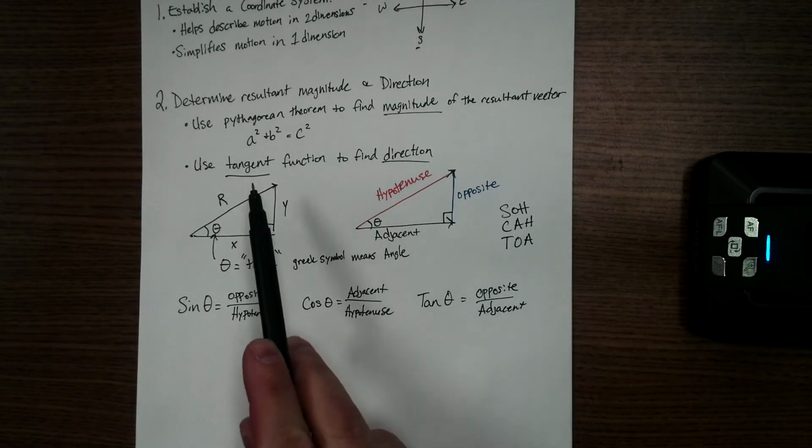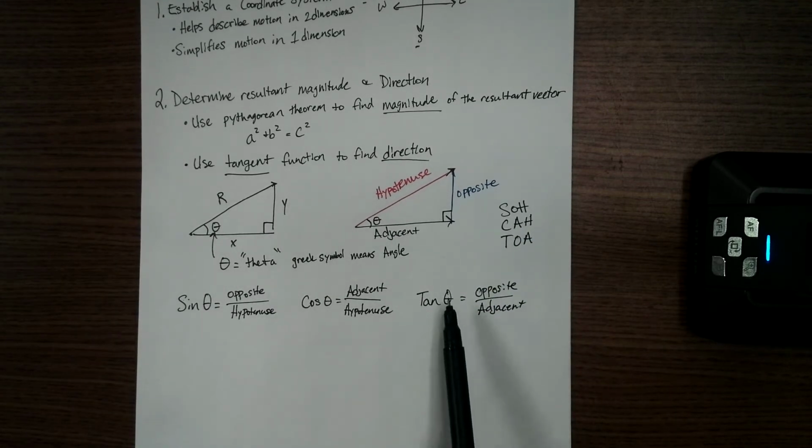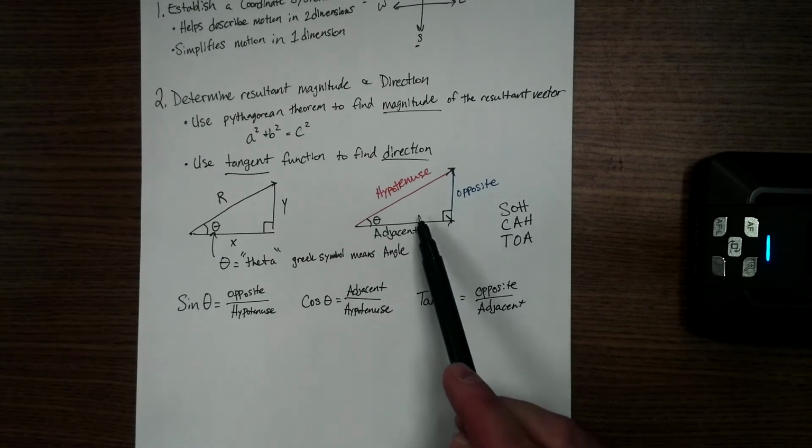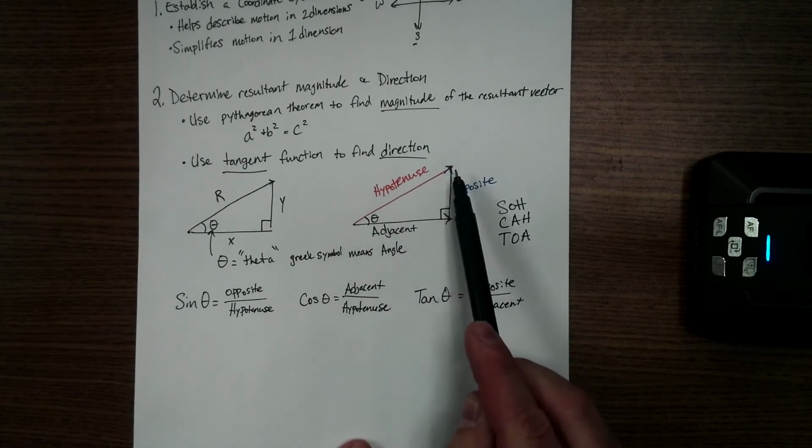Okay, so we set up here that we're going to use this tangent function to figure out the direction. And this angle represents the direction that this person, object, thing, whatever it is traveling. This vector is traveling.